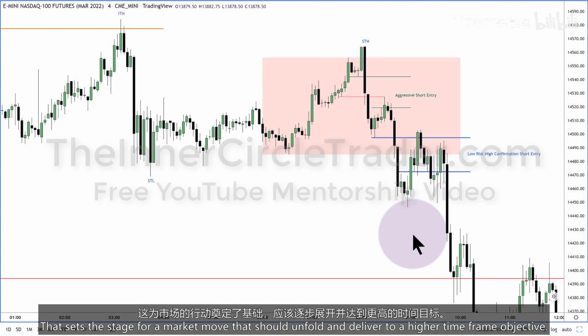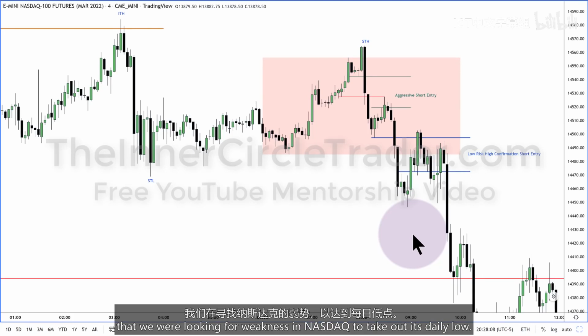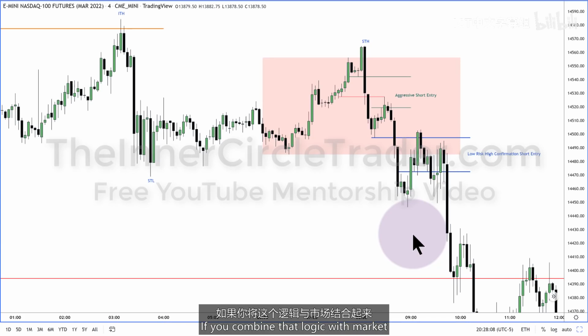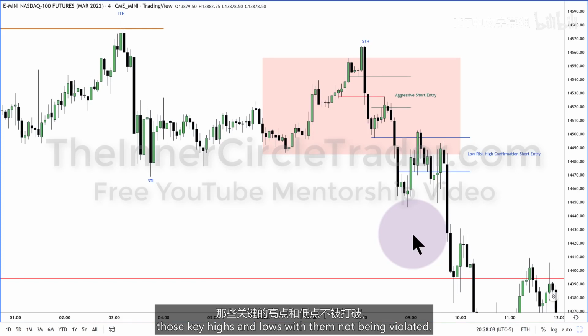That sets the stage for a market move that should unfold and deliver to a higher time frame objective. In this case, as we outlined in the beginning, I showed you last week and the week before that we were looking for weakness in NASDAQ to take out its daily low.